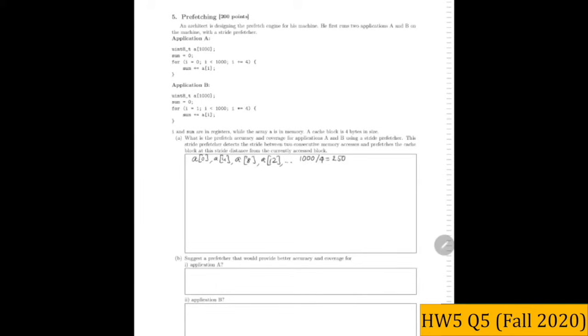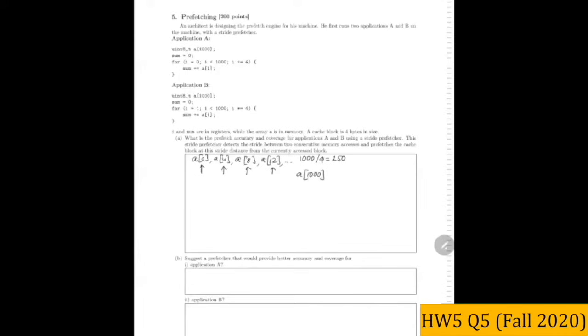Out of these 250 memory accesses, the first two accesses, A0 and A4, won't be predicted by the prefetcher because the prefetcher would understand this is the first stride of 4 cache lines. Then, once it learns the stride, it can prefetch cache lines A8, A12, and so on. In fact, the prefetcher would prefetch the cache line A1000 also, which would not be required by the program.